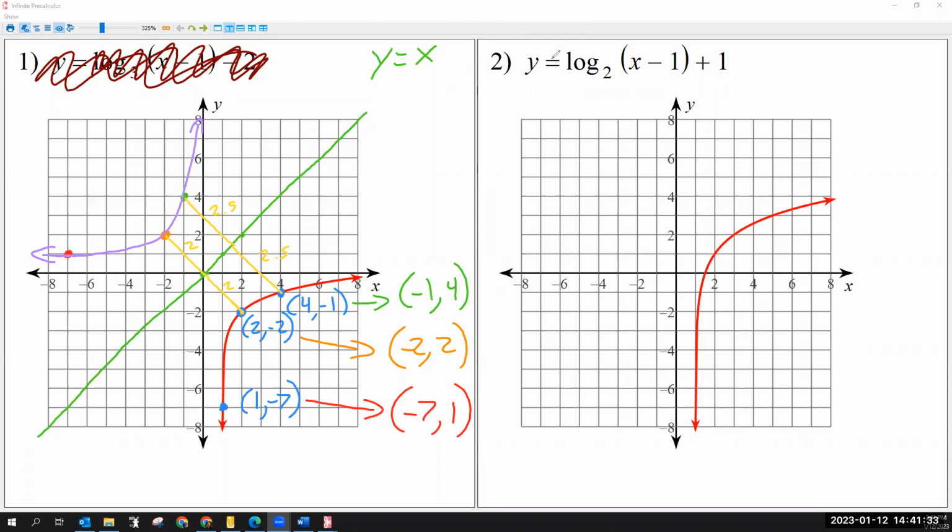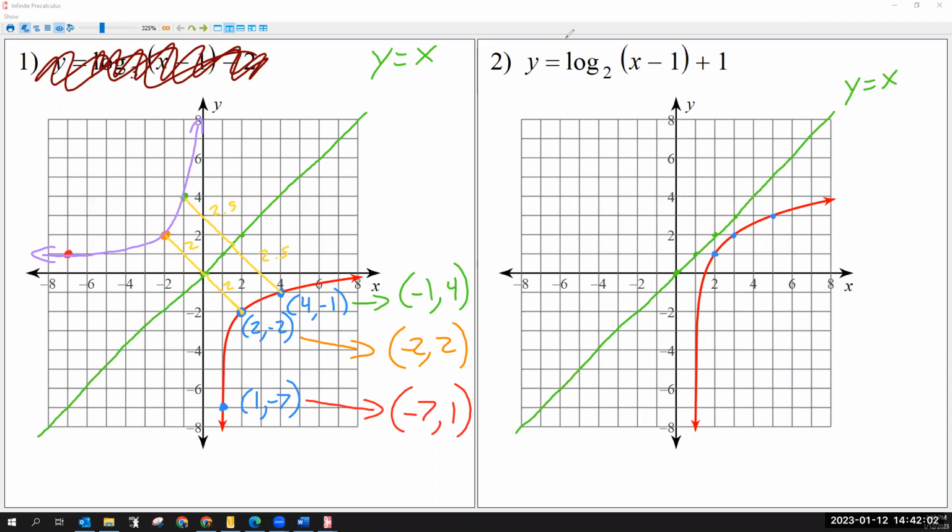All right, so first step, y equals x. So there's my line y equals x. I need to plot some points. So here's a point, here's a point, here's a point.